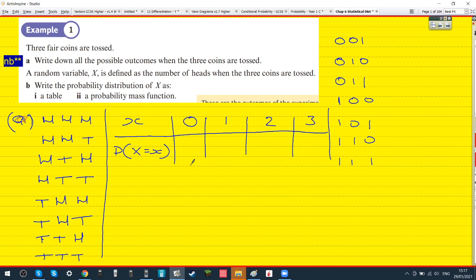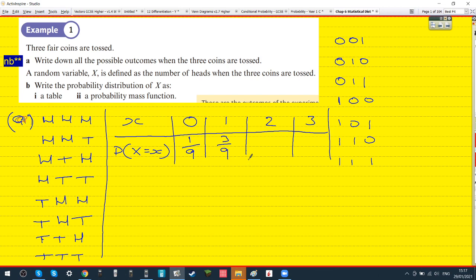Okay, so probability of 0 would be a 9th. Probability of 1 would be a third. Let me think. I'm doing it as 3/9.